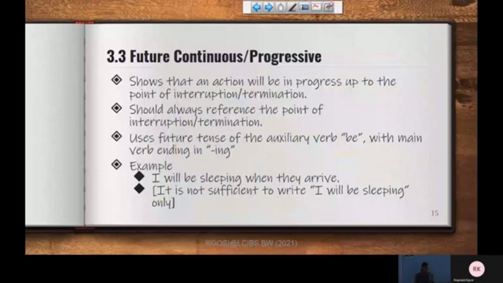That is why in conversation, if I ask you the question, what do you think you'll be doing at 10 p.m.? If you just answer, I will be sleeping, you're basically saying I'll be sleeping at 10 p.m. I've already added that at 10 p.m. for you in the question that I asked, so there's no need for you to repeat it. But when you're giving an example of that context, you should always include that. Okay, so here are some other examples that you may want to look at.